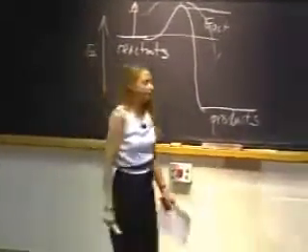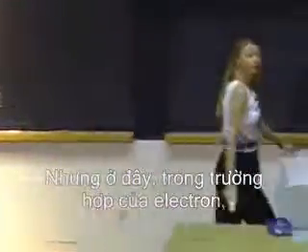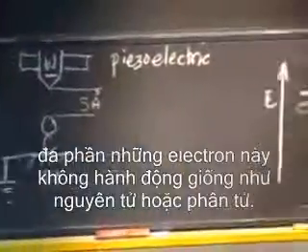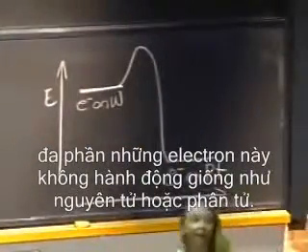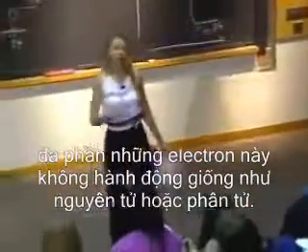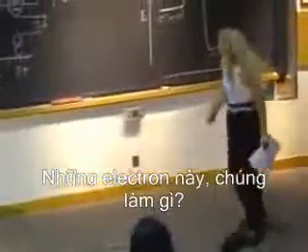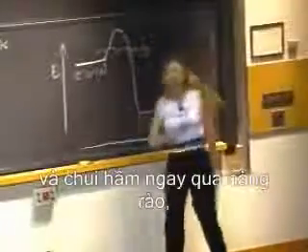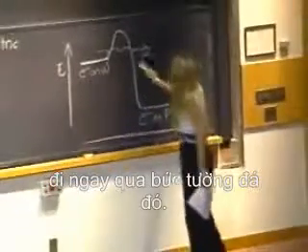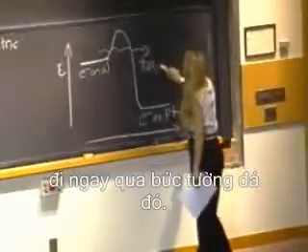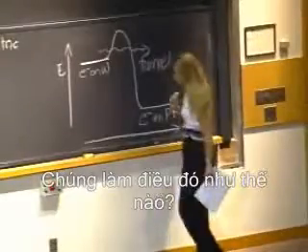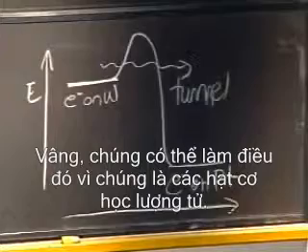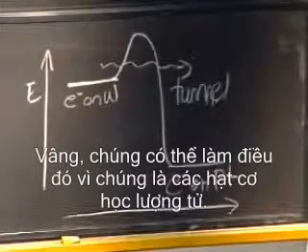But over here, in the case of electrons, those electrons don't act like atoms and molecules do for the most part. These electrons, what do? They ignore this barrier, and they tunnel right through the barrier. Go right through that brick wall. How can they do that? Well, they can do that because they are quantum mechanical particles.